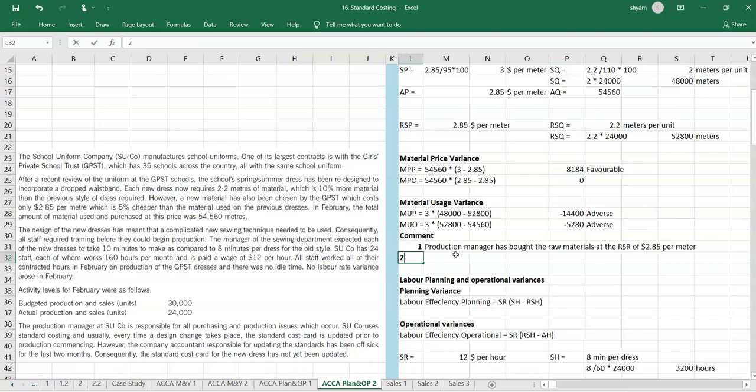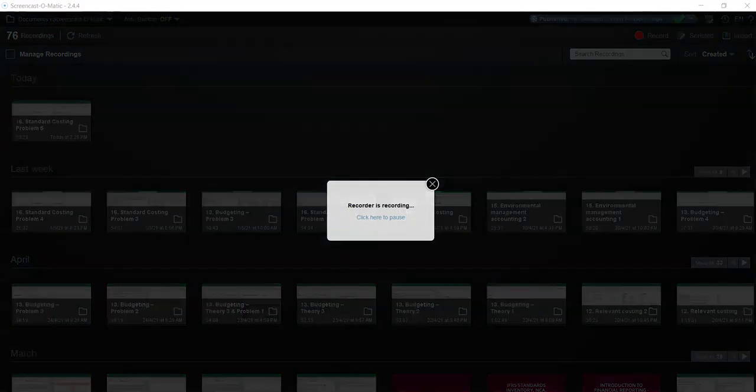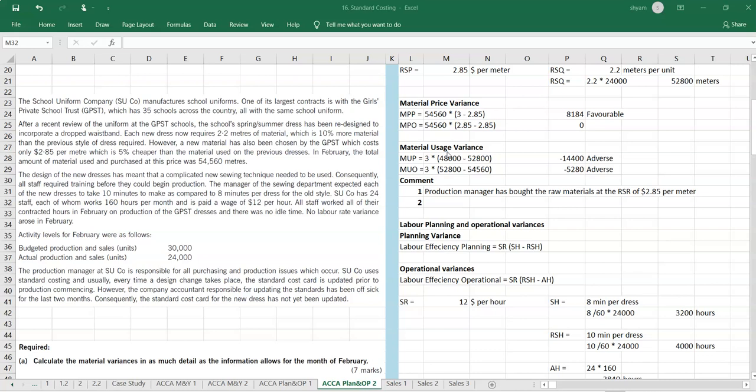Second point, we'll put it in terms of usage variance. Discuss the usage variance. The revised standard is like they are revising to use more materials, but the production manager has used more materials than allowed. Why has it occurred?